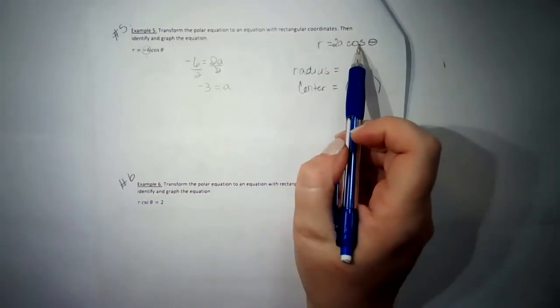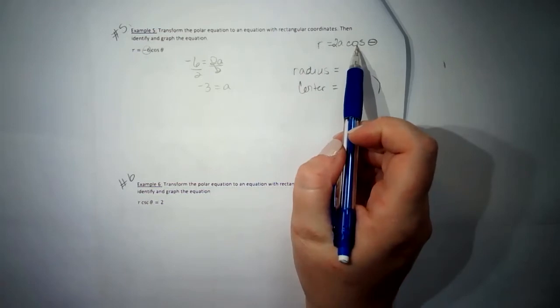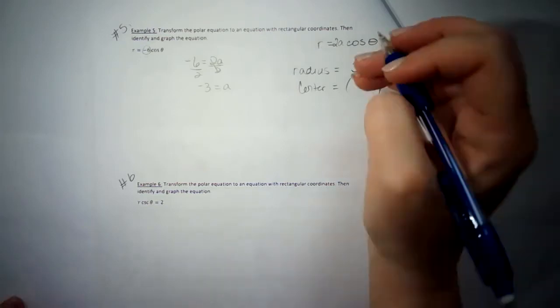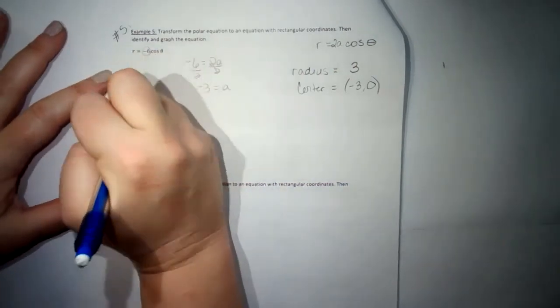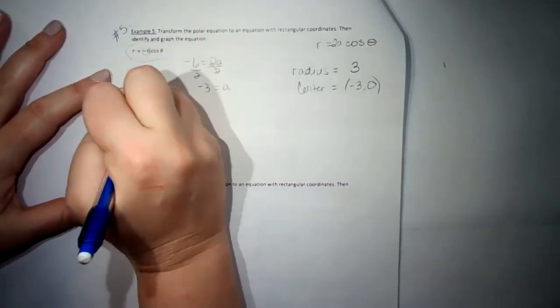So let's think about this. Our function involved here is cosine. So is our circle sitting on the x-axis or is our circle sitting on the y-axis? X, because cosine is always involved with x. So that means that's going to be our center. Now you can put this right into your calculator, right? And you can graph it right away and it'll show you.